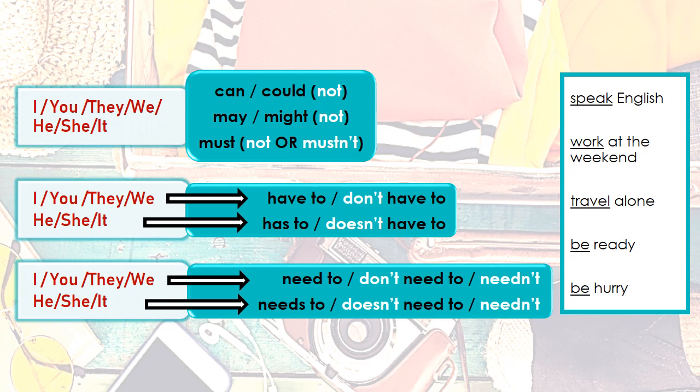I give you some examples. I can speak English. She cannot speak English. I have to work at the weekend. She has to work at the weekend. They don't have to travel alone. He doesn't have to travel alone.